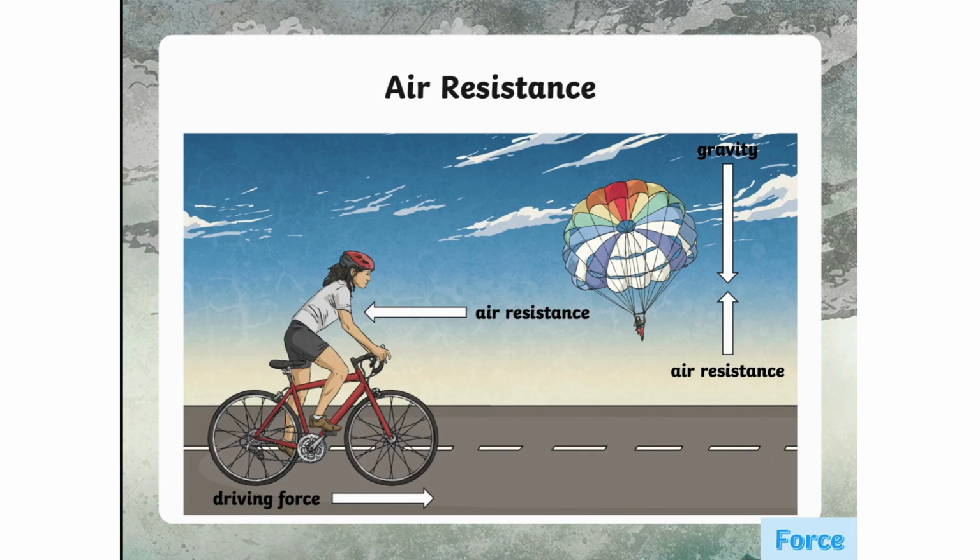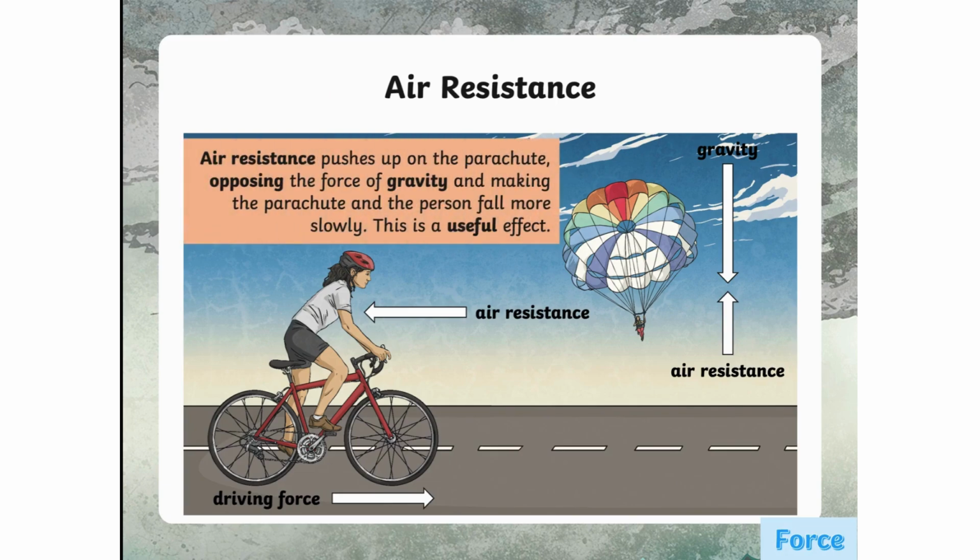Therefore, if you see, where is my air resistance and my driving force? For the parachute, we were already aware air resistance is up and gravity is the falling part, right? So air resistance pushes up on the parachute, opposing the force of gravity and making the parachute and the person fall more slowly.